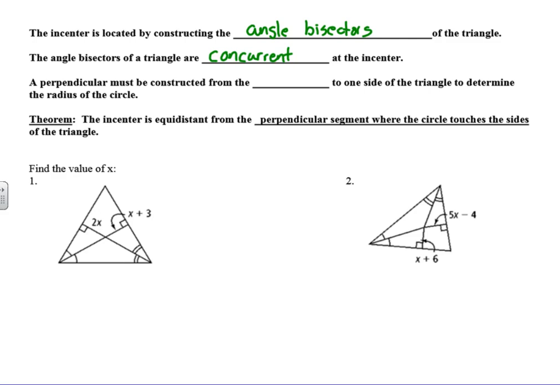A perpendicular must be constructed from the incenter to one side of the triangle to determine the radius. Okay, so the theorem: the incenter is equidistant from the perpendicular segment where the circle touches the sides of each triangle.